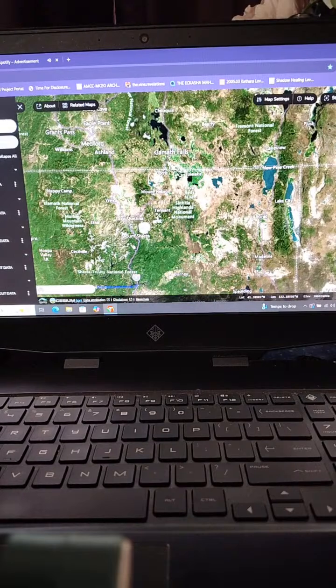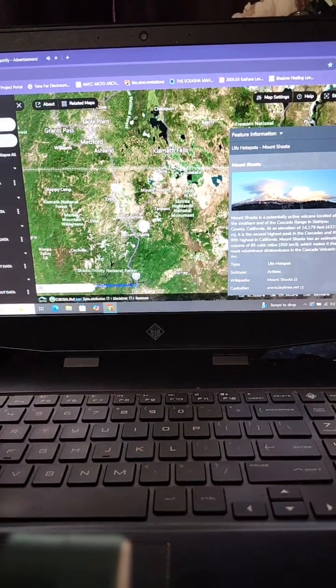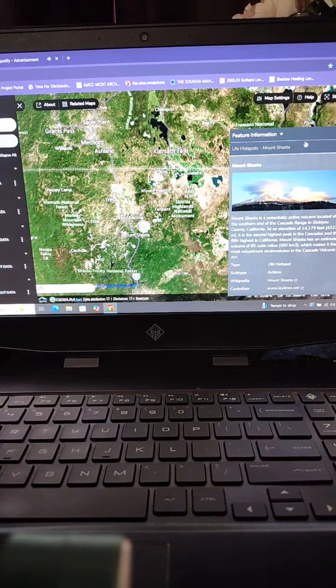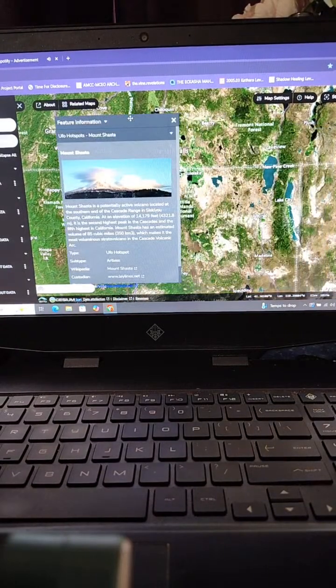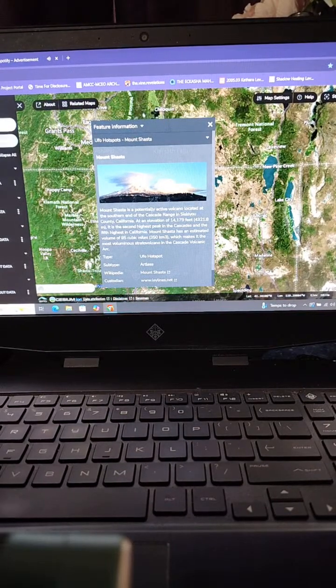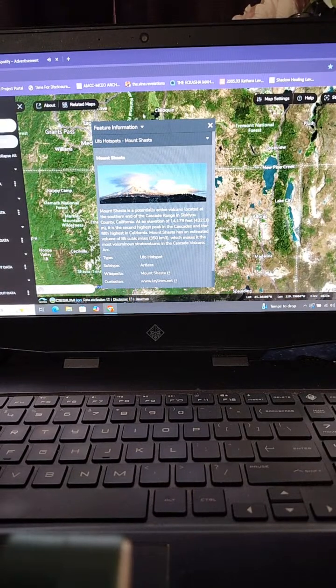Mount Shasta. Uh-huh. Oh, yeah. Mount Shasta is a potentially active volcano. Located at the southern end of the Cascade Range in Siskiyou County, California, at an elevation of 14,179 feet.